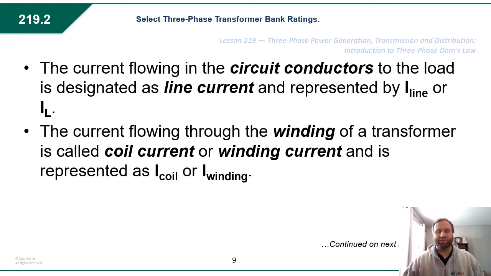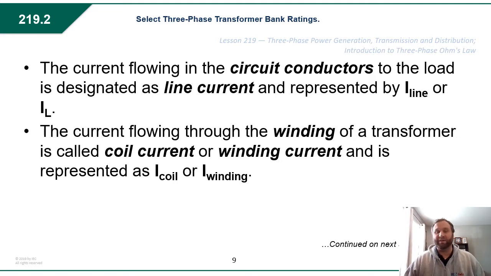More terminology for you. When I talk about line current, or if the question is asking about line current, this is the current flowing in the circuit conductors, not the windings of your transformer. It's represented by I line or IL. This is referring to the circuit conductors and not the winding.